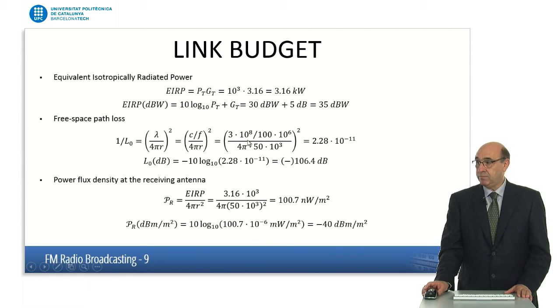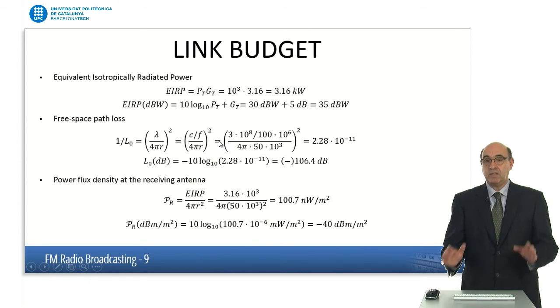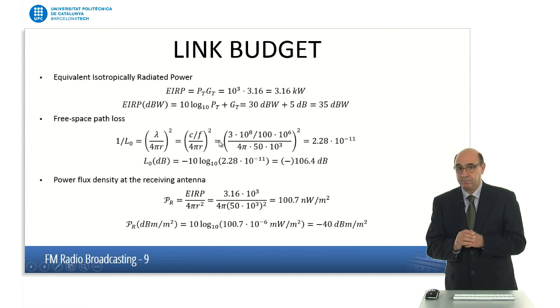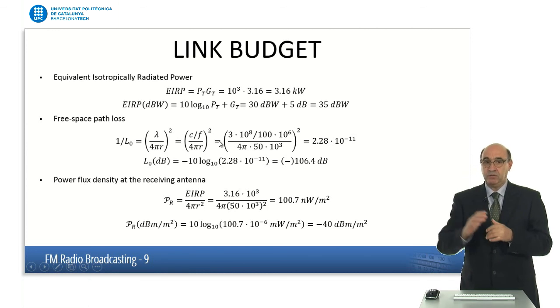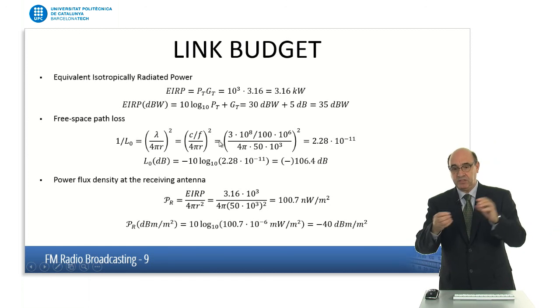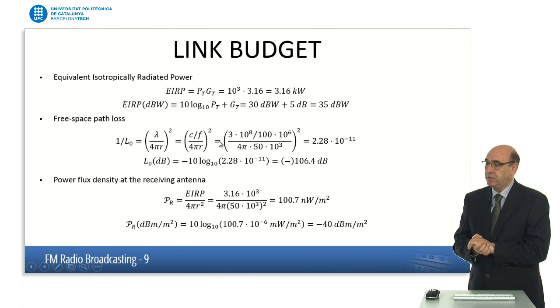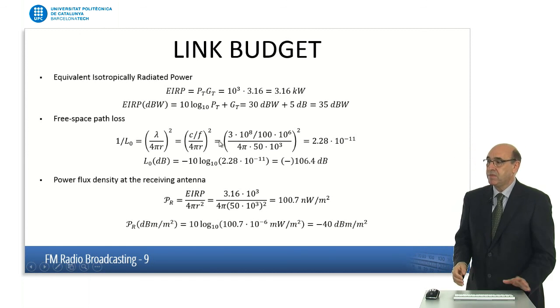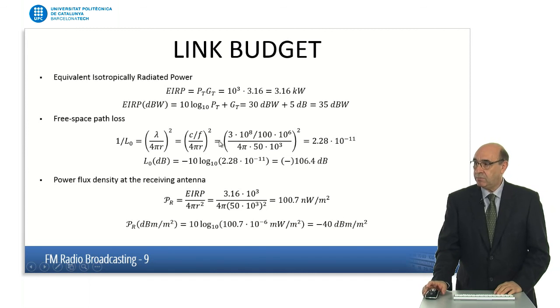You divide them, and this gives you a wavelength of 3 meters. So you can see that your antennas may be around half a meter, depending on where you are. That's the basic dimension. And 50 kilometers down there.